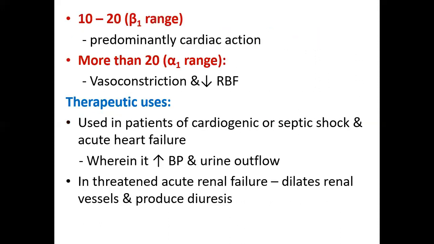At a dose of 10 to 20 micrograms per kg, it acts mainly on beta 1 and predominantly has a cardiac action. As you increase the dose beyond 20 micrograms per kg, it mainly has alpha 1 action, causing vasoconstriction as well as decreased renal blood flow.